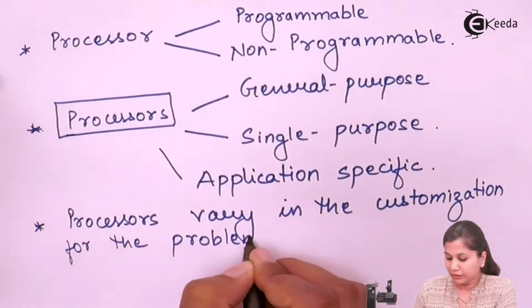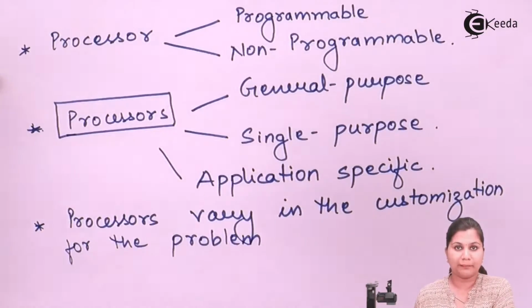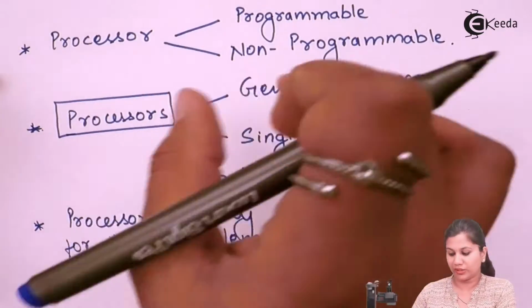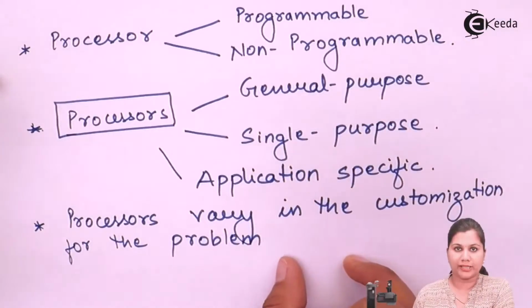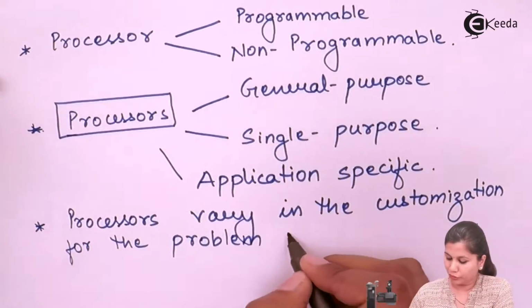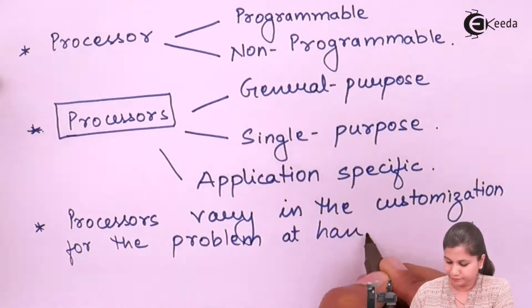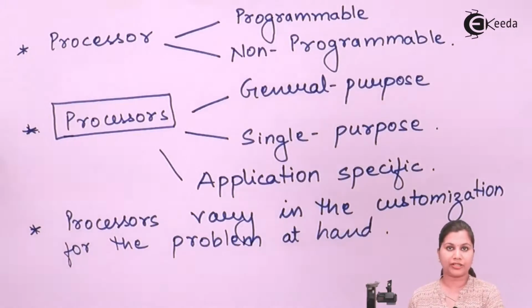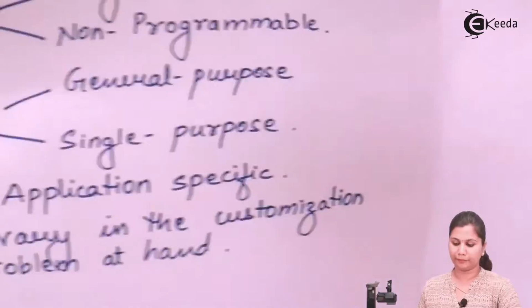Problem means the application for which the embedded system is to be used, the task which the embedded system has to perform. According to that task, we are going to select or choose the processor. So according to the desired functionality, we are going to choose the processors.